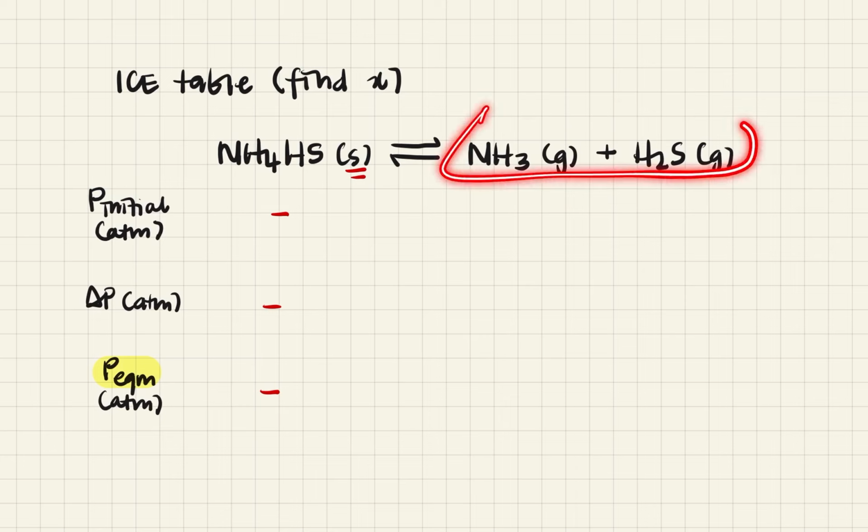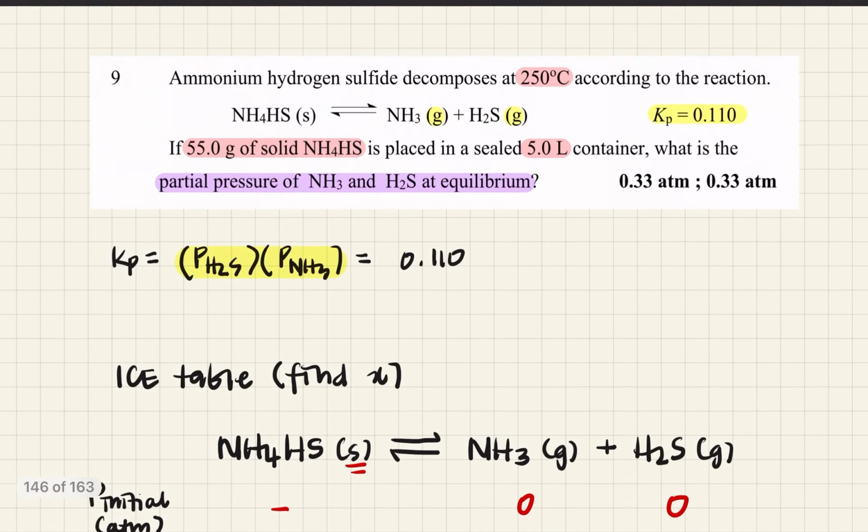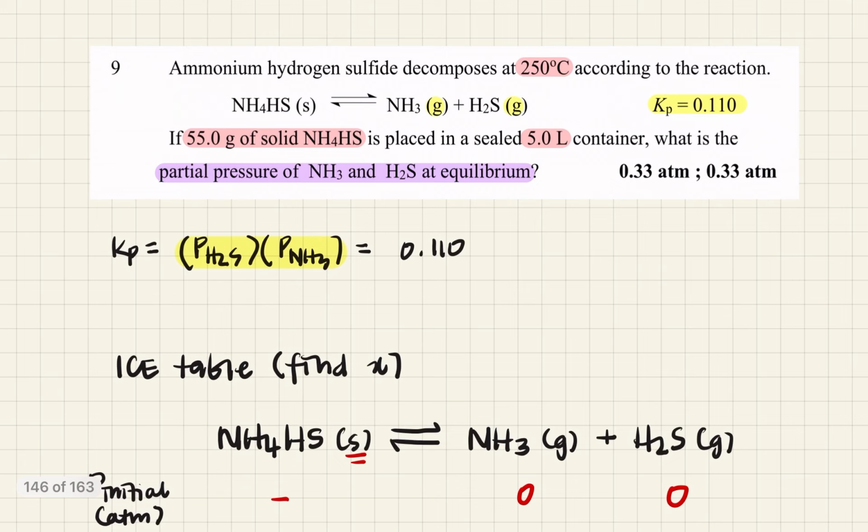Okay, so your product initially will be 0 and 0 ATM, dia punya partial pressure, and then your delta P, okay, will be plus X, okay, sebab tak ada apa-apa kat sini, and this will also be plus X sebab awak buat product. Okay, so your P partial pressure at equilibrium will be X and X. Alright, so from here we can actually find our X because we are already given the Kp, right?